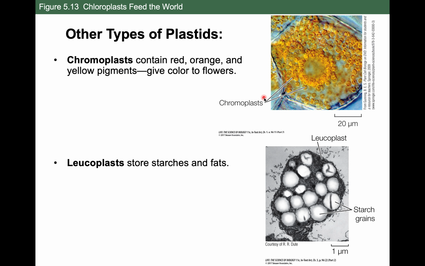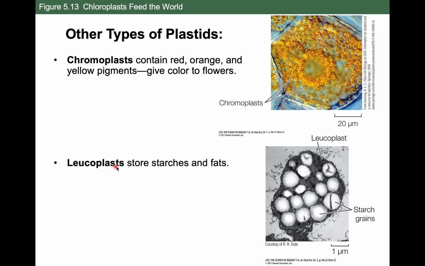I mentioned we're primarily just going to focus on chloroplasts in this class, but I did want you to be aware that there are some other types of plastids found in plants as well. So for example, there are what are called chromoplasts. These are plastids that basically contain other types of pigment molecules. Chromoplasts are what will give flowers their unique colors.